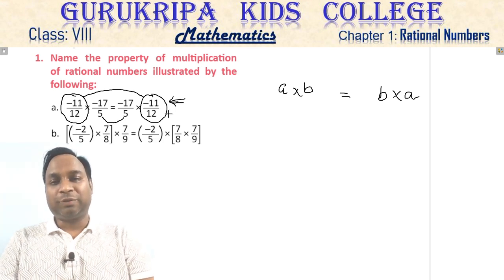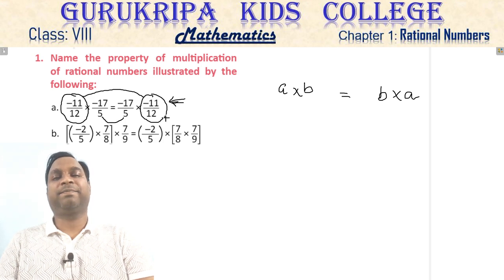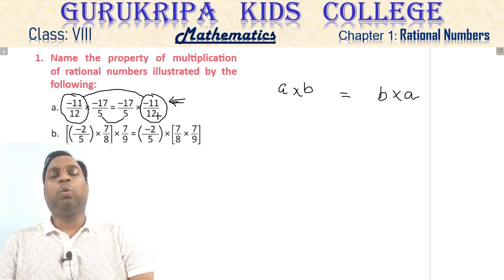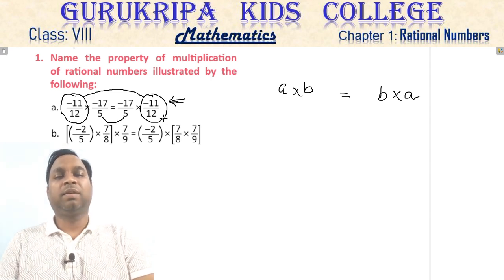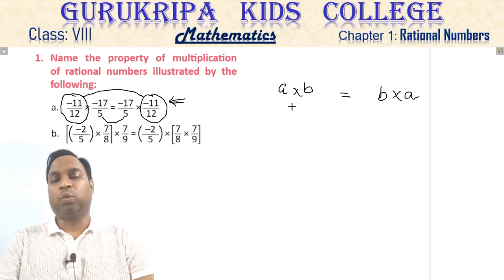First, you have to read the question. It is not asking you to multiply. You are just asked that these two are equal. What is the property of multiplication of rational numbers involved here? So what was the name of this property? This property was called commutative property.